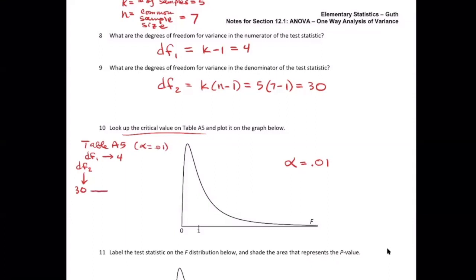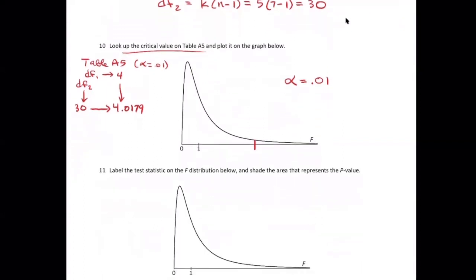And then we came in like this, and we got 4.0179. That's just a critical value. That's not a p-value.